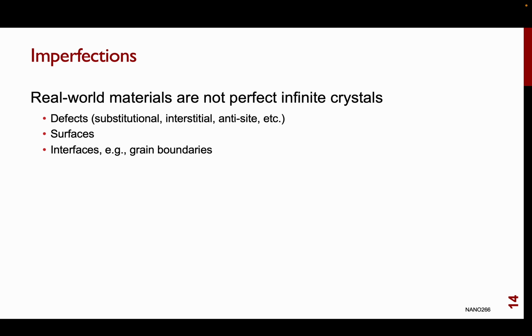Okay, in most cases, any material that you work with, they are polycrystals. Polycrystals just means that you have multiple crystals that are coming together, and the intersection between 2 grains is basically what I call grain boundaries.